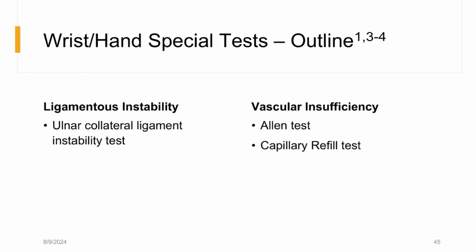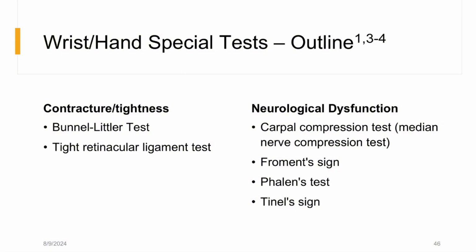So we have wrist and hand special tests outlined. For ligamentous instability, we're going to look at the collateral ligament instability test. For vascular insufficiency, Allen test and capillary refill test. For contractures and tightness, we've got the Bunnel-Littler test and the tight retinacular ligament test.